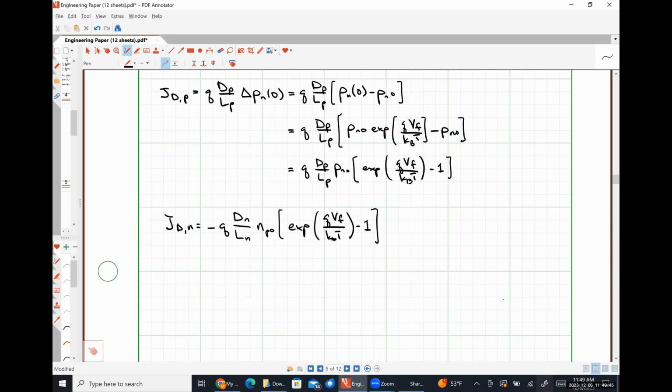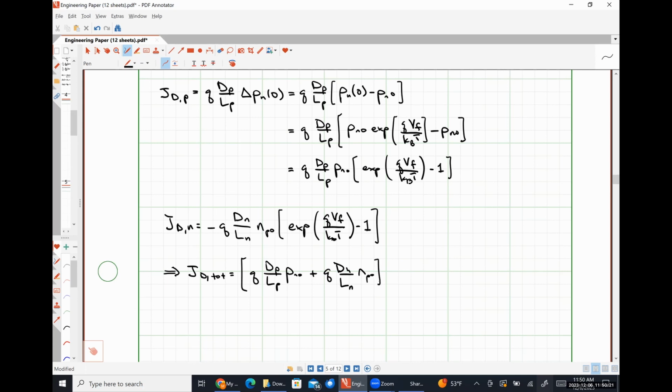And when we combine these two diffusion currents, we get our total diffusion current, JD total. That is going to be Q dP over LP Pn naught plus Q dN over Ln and P naught.